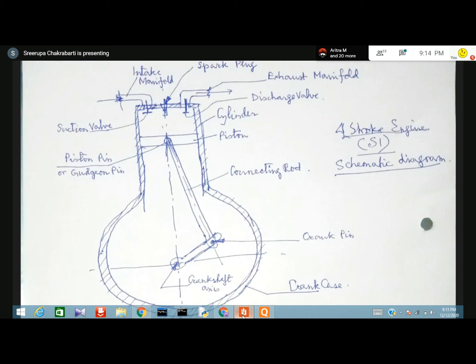It should not be discontinuous. It should have a continuous slope. If you plot dp/dt with theta, the crank angle rotated, you should get a smooth gradient. For that, again, there are lots of things to be done.